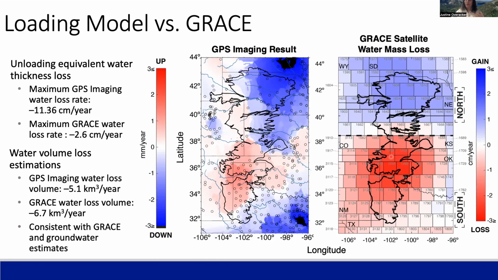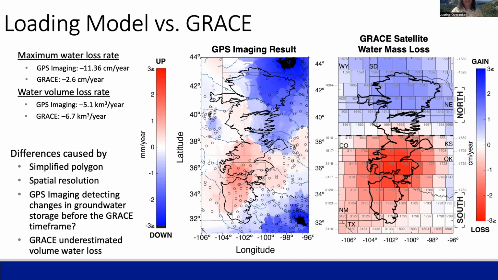So we have 5.1 cubic kilometers. GRACE estimates approximately 6.7 cubic kilometers of water loss. Now, finally, that Scanlon paper I mentioned earlier had a rate of minus 5.7 cubic kilometers per year, and that was between 1950 and 2007, so it overlaps our time frame. So we think this model is probably a good lower end estimate of average water loss in the region.